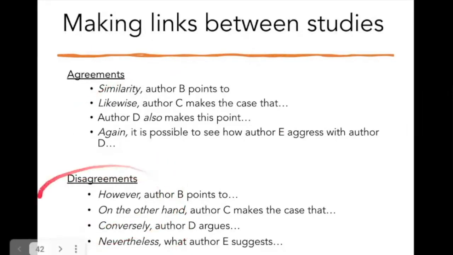The same goes for disagreement: you do the same, but it is important to link this one with this one, and this one with that one, because in a literature review we want to know the relation, why you select those articles. You don't select the article by accident, right? There must be some reason, some purpose. So it is basically because of this.